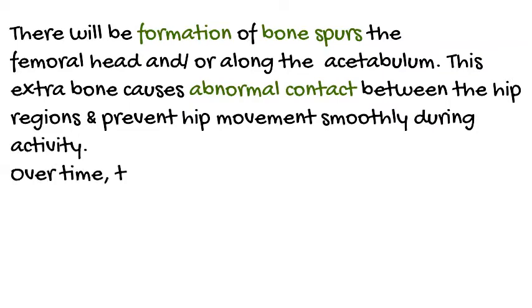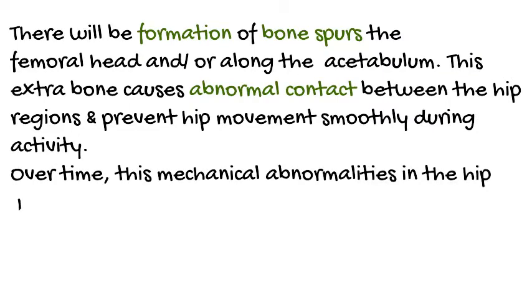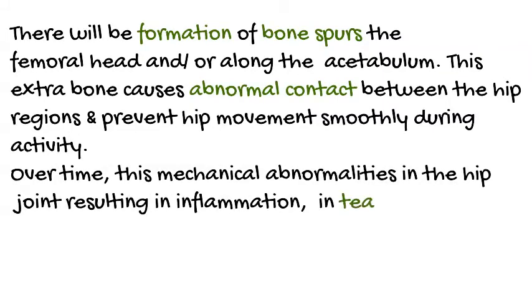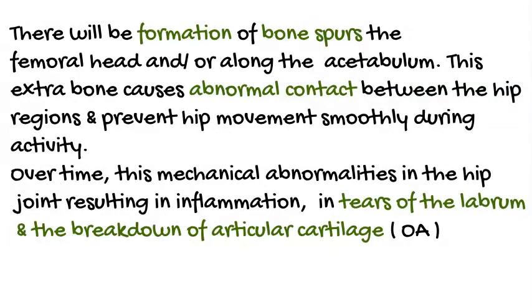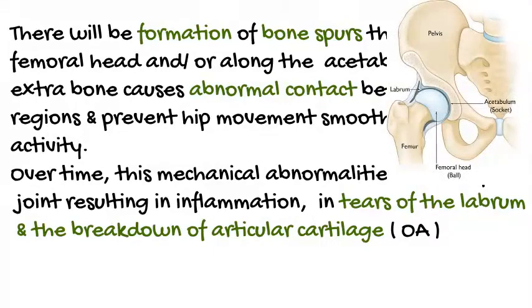This extra bone causes abnormal contact between the hip regions and prevents the hip from moving smoothly during activity. Over time, these mechanical abnormalities in the hip joint result in inflammation, tears of the labrum, and the breakdown of articular cartilage that leads to osteoarthritis (OA).